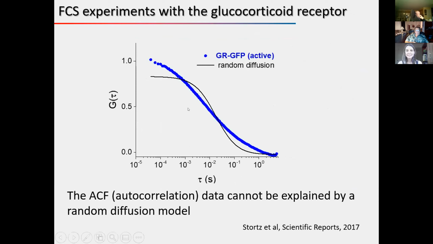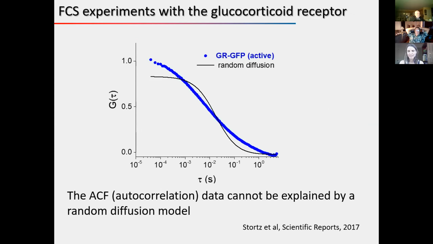In blue, you can see one of the experimental results we obtained. Of course, when we tried to fit this data with a random diffusion model, the data could not be explained by this model, and this was somewhat expectable because the active receptor is interacting with many target sites in the chromatin.